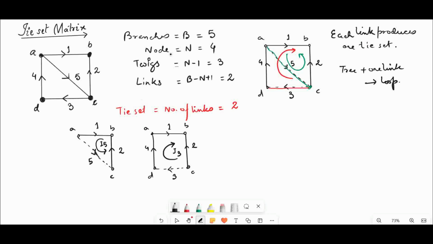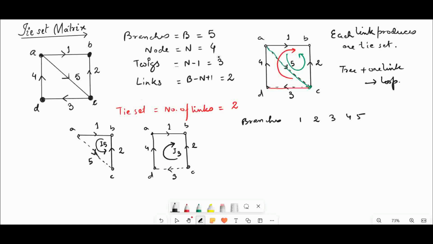Now, like we have written the matrix equation for the incidence matrix, similarly we will be writing down the branches in parallel. We have a total of 5 branches, so we'll write 1, 2, 3, 4, 5.